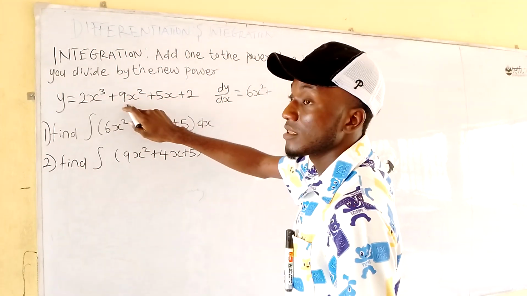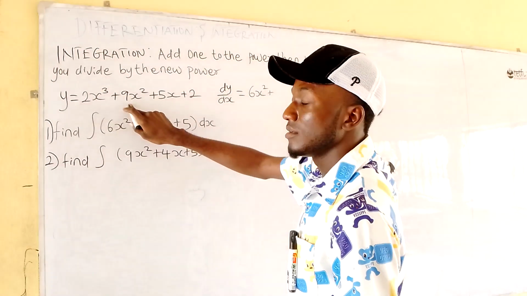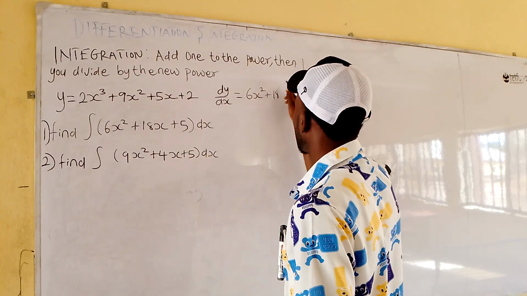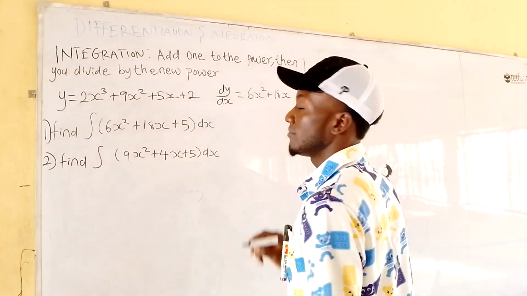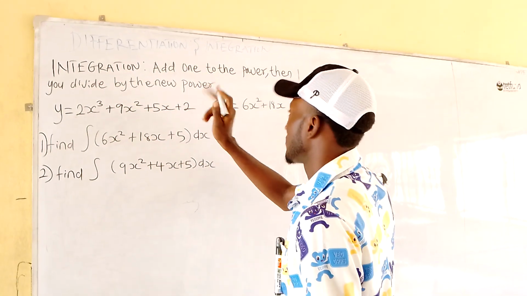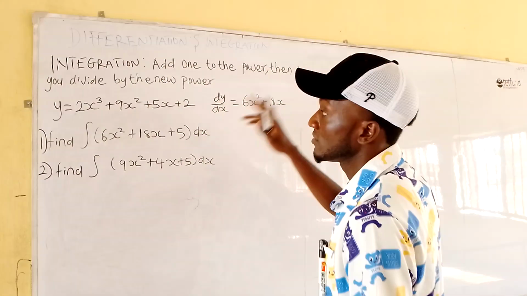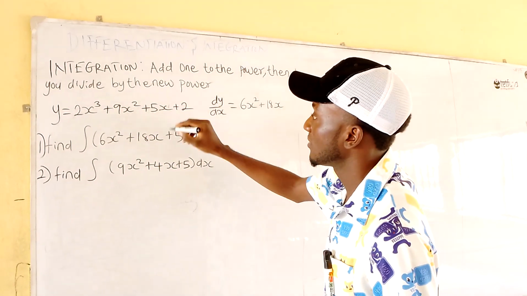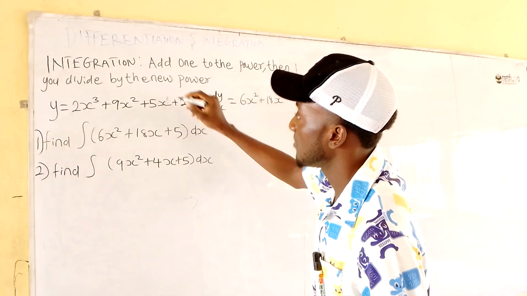Okay, this times is going to give us 18. Taking 1 from the power is going to give us 1, so we are going to have 18x. Okay, if you take 1 from 2, it's going to give you 1. So no need for you to write down 1, because anything raised to the power of 1 is still the same. An invisible 1 is here, raised to the power of 1.